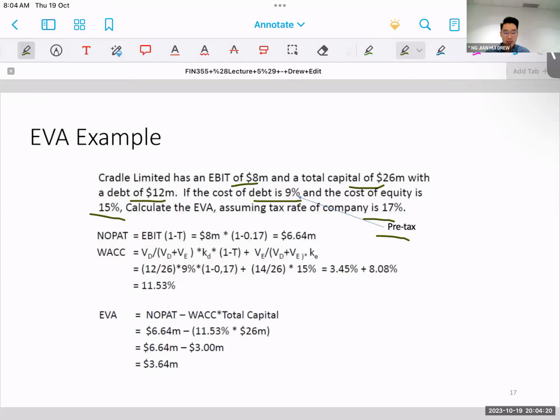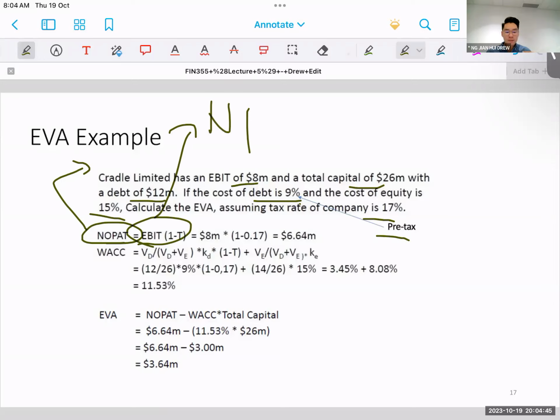So how do we derive the NOPAT? You can use the EBIT because it's earnings before tax, and then we do it after tax, right? But we know that this formula, EBIT times 1 minus tax, is actually the net income, right?